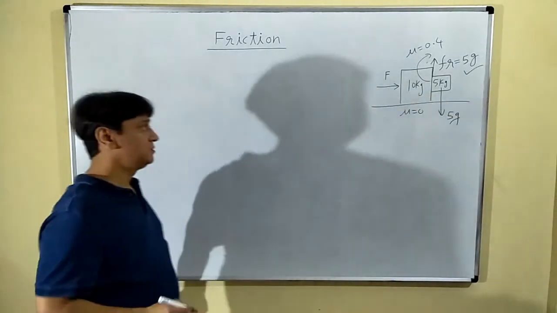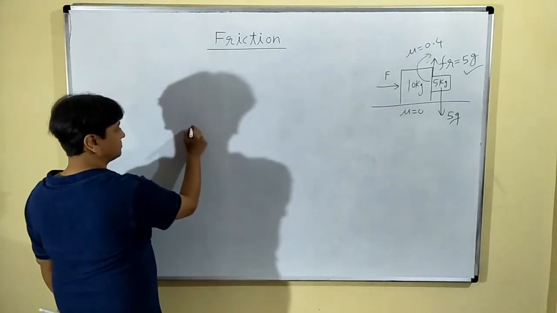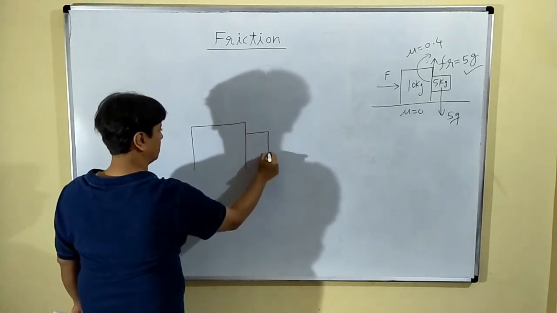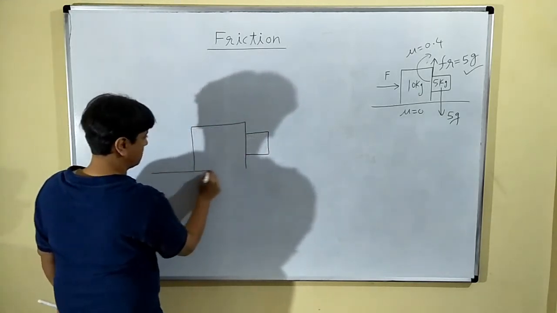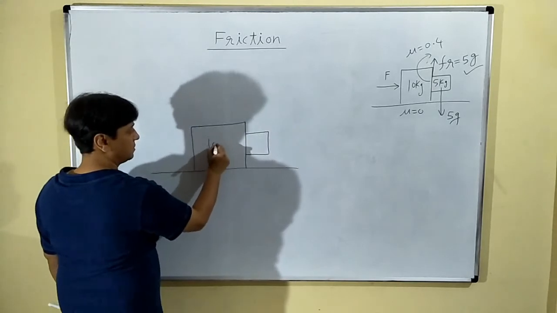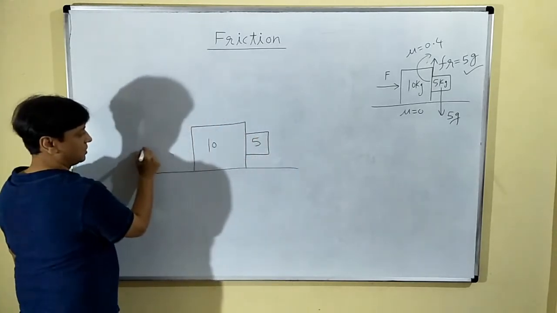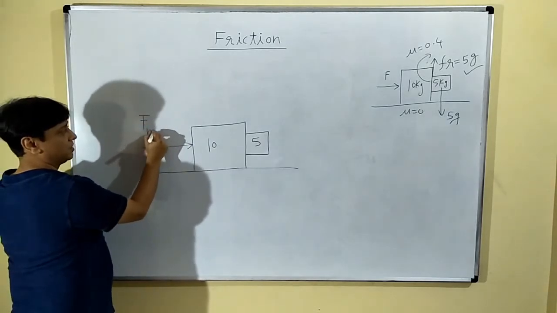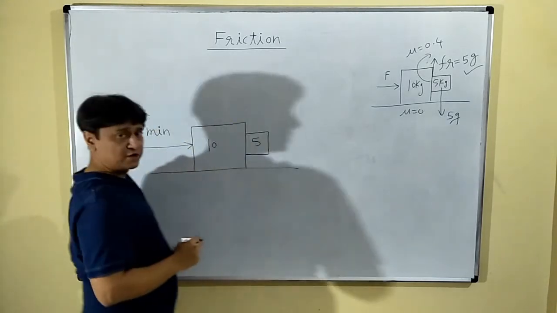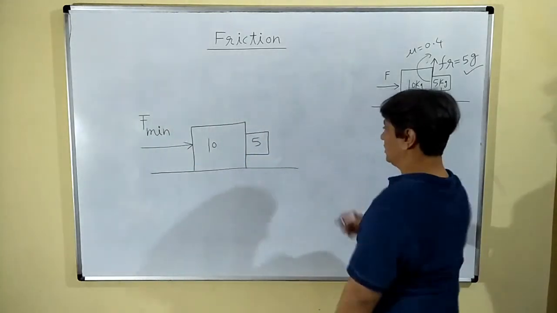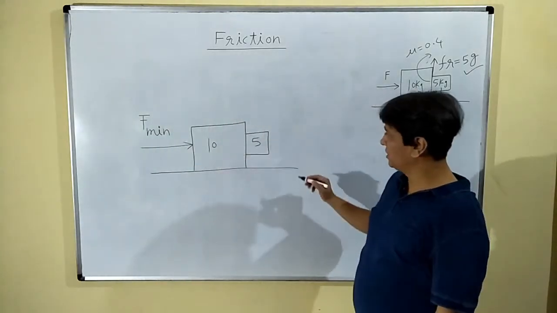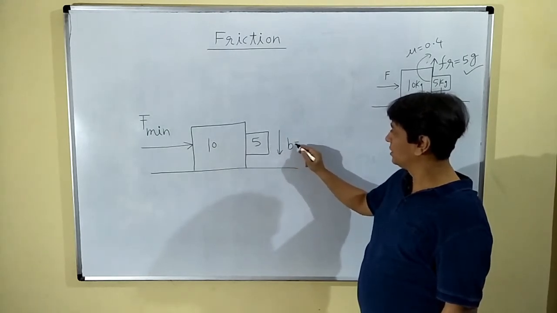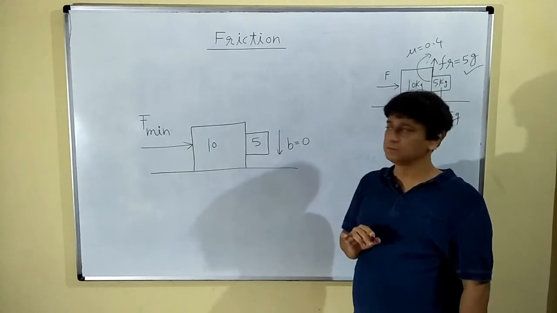जैसे ही आपसे बोला गया कि हमारे इस पूरे ब्लॉक सिस्टम पर this is 10, this is 5, a force F minimum is acting on this 10 kg, and for this 10 kg जिसका डाउनवर्ड मूवमेंट था, डाउनवर्ड एक्सेलरेशन भी, that has become what? 0.